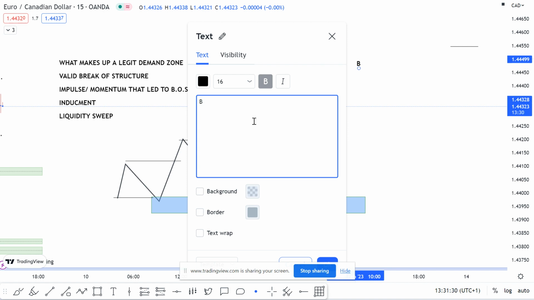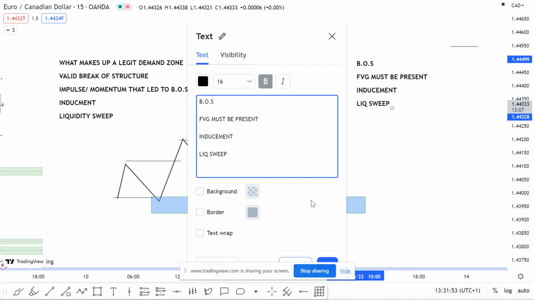Once you have BOS, break of structure, FVG must be present, inducement, and of course, liquidity sweep.